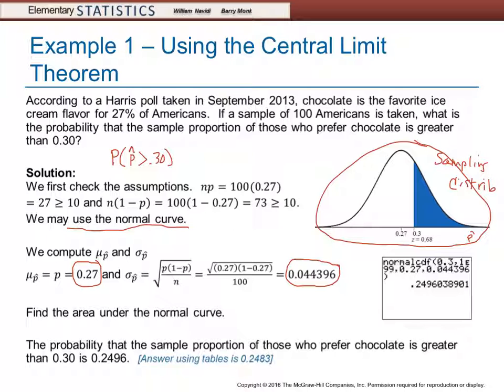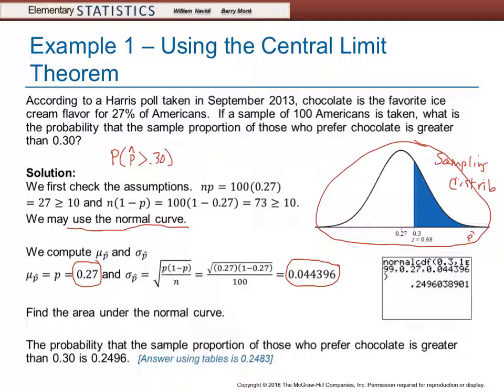The more decimal places we go out for the standard error, the more accurate our estimate is. So in this particular case, the probability that the proportion of Americans who prefer chocolate is greater than 30% is about 25%.